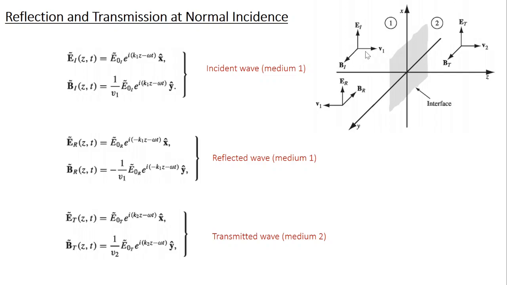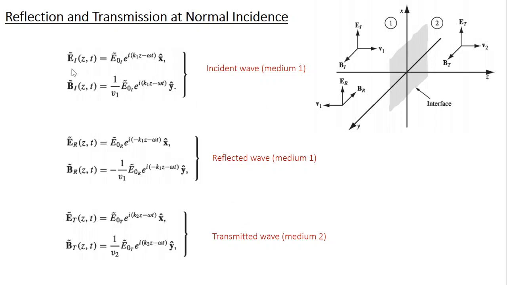The propagation direction is along the z direction and the electric field is along the x direction and consequently the magnetic field is along the y direction. And the amplitudes of electric and magnetic fields are related by magnetic field amplitude equal to electric field amplitude divided by wave velocity. So with these ideas we can quickly write incident, reflected and transmitted waves.